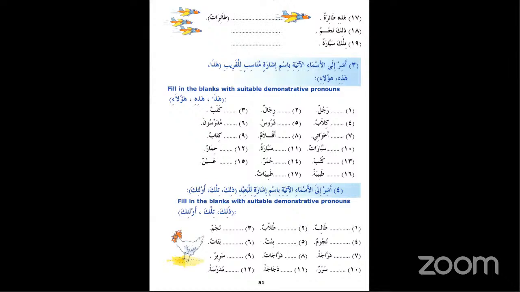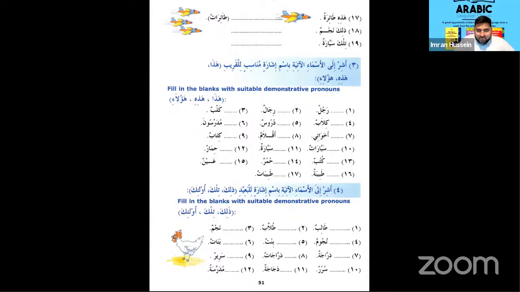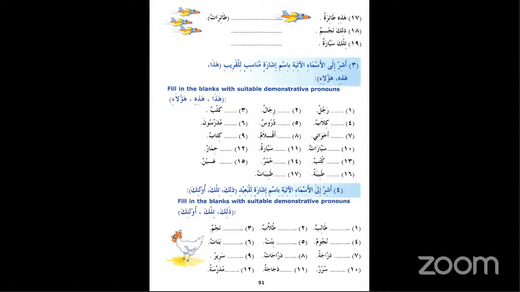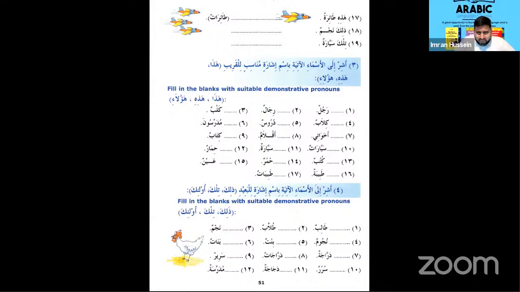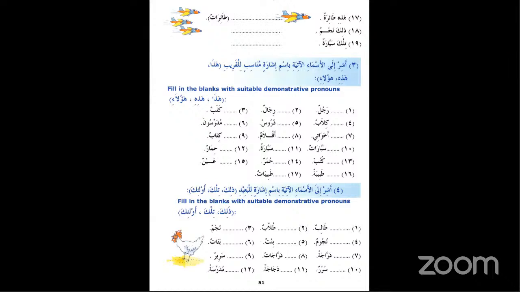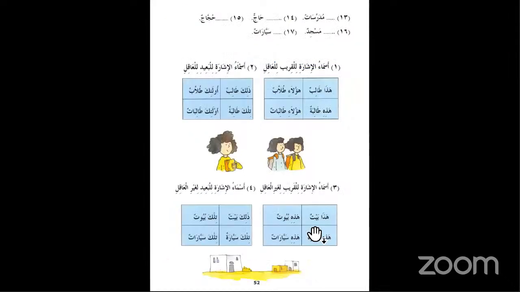Yes, we were doing the one right at the bottom. Okay. So it's tilka sururun. No. Sorry. Tilka sururun. Yes. Okay. Tilka dajajatun. Ulaika mudarrisatun. Correct. Okay. And ulaika mudarrisatun.